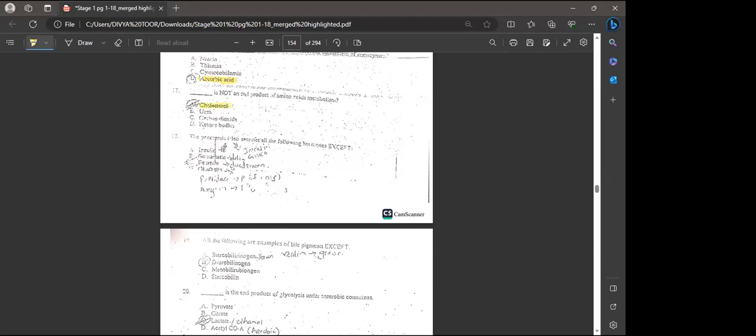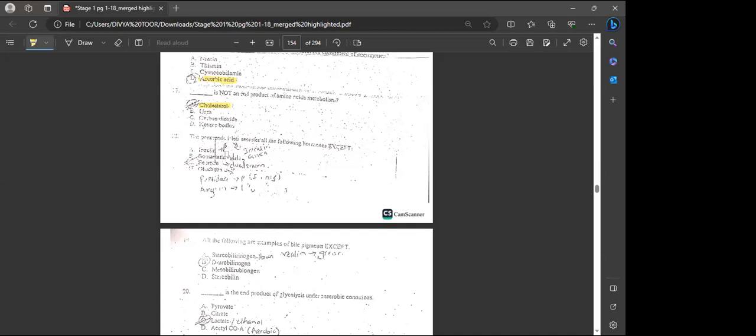The pancreatic islet secretes all the following hormones except: insulin, secretin, glucagon, and somatostatin.